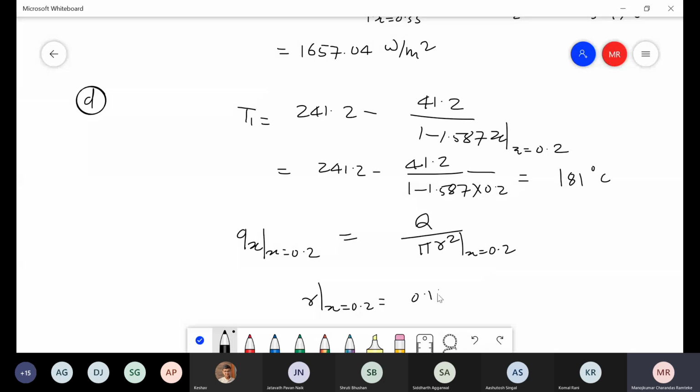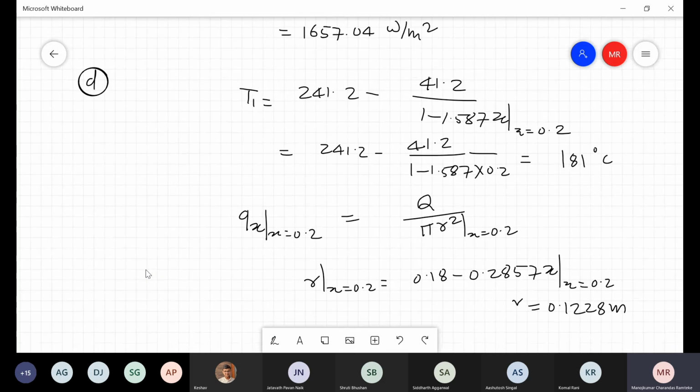So that becomes 0.18 minus 0.2857 x, and x here is 0.2. So from this, r is obtained as 0.1228 meter.